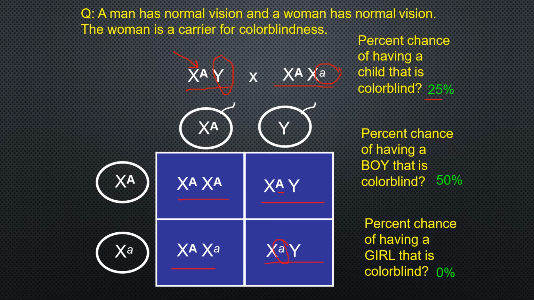Because only 1 out of 4 is colorblind. The percentage of having a boy that is colorblind is 50%. And the reason we say 50% is because we have 2 boys and 1 out of the 2 have color blindness. The percentage of having a girl that is colorblind is 0% because we have 2 girls, 0 of which have color blindness.